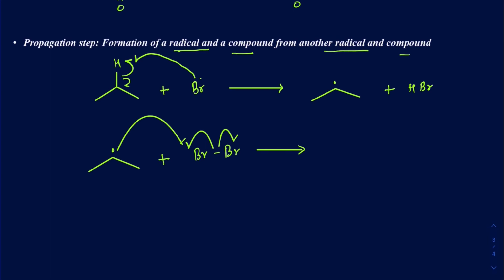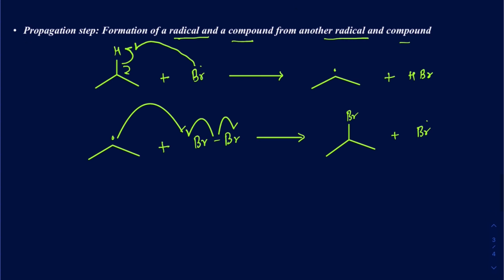So at the end of the day, you're going to be getting a bromine there and your Br radical there. So that's another propagation step. As long as you're using a compound and a radical, and you're making another compound and another radical, that's going to be an example of a propagation step in that case. So make sure you're able to identify your propagation steps.